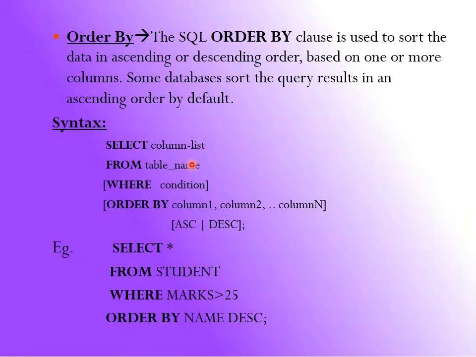So this is the syntax: where condition, then order by column name. After the column name, we have to write the keyword ASC for ascending and DESC for descending, but if we omit this, it will automatically take ascending by default. And this is the example.